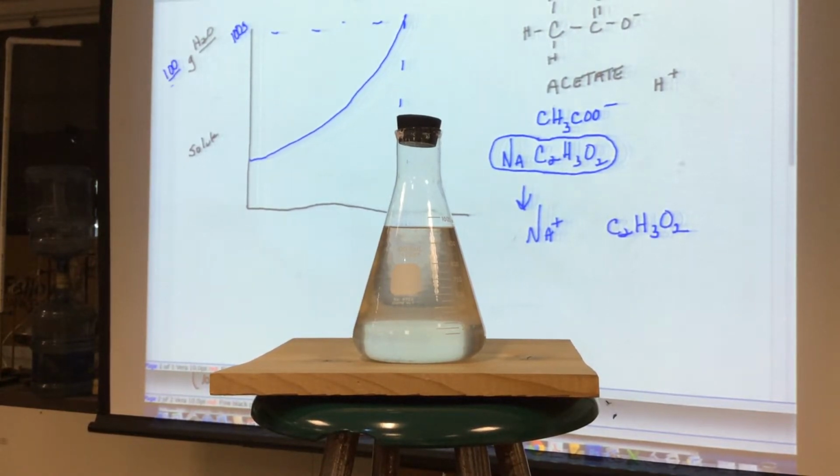Now, of course, I have a much larger amount here, but what happens as it cools? So right here, I'm saturated. But as the solution cools, what happens to the solubility for solids as temperature drops? It decreases. So as the temperature drops, the ability of the water to dissolve it drops.